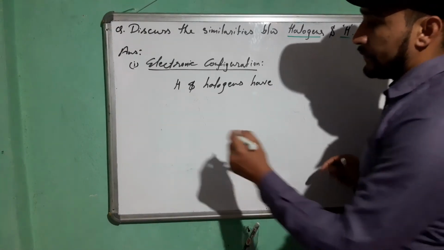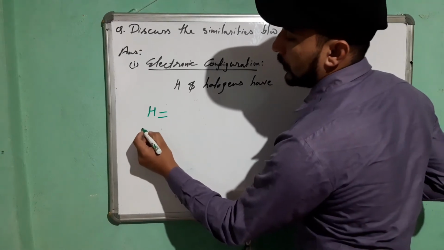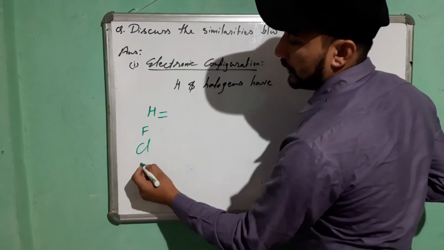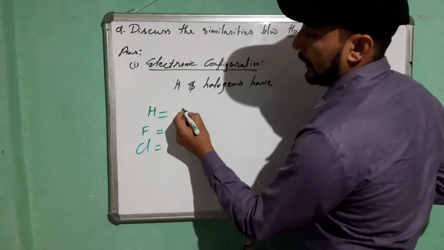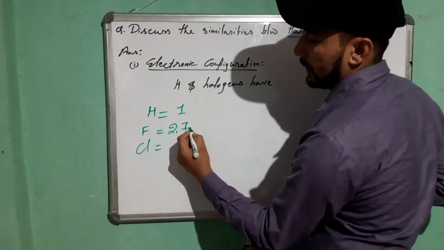For example, hydrogen has one electron only. Fluorine's electronic configuration is 2,7.